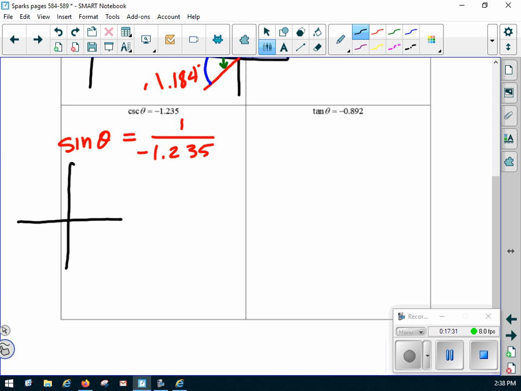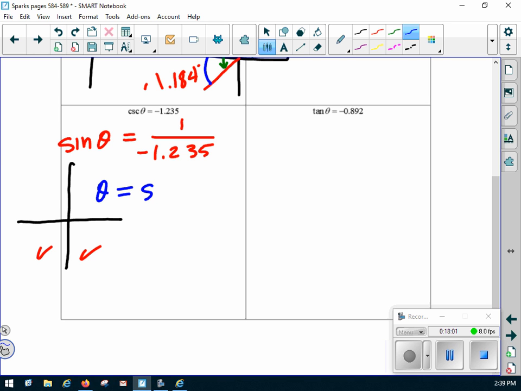Well, we got to do one other thing first. Where will my angle terminate? Quadrants 3 and 4. So I got to find an angle in each of those quadrants.